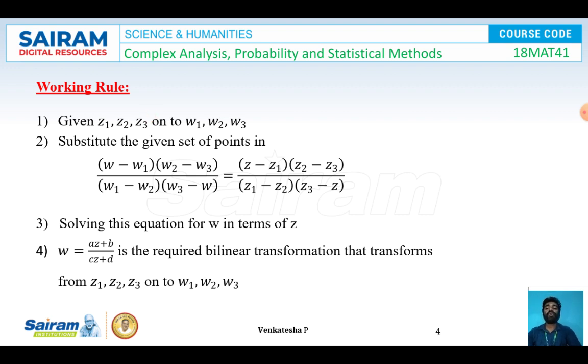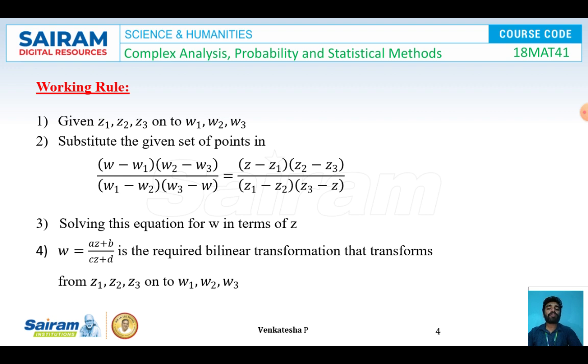Step number 2 is to replace all these points Z1, Z2, Z3 and W1, W2, W3 in the following formula. The formula is (W - W1)(W2 - W3) divided by (W1 - W2)(W3 - W) is equal to (Z - Z1)(Z2 - Z3) divided by (Z1 - Z2)(Z3 - Z).